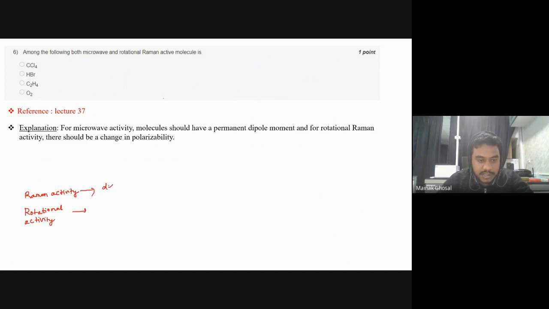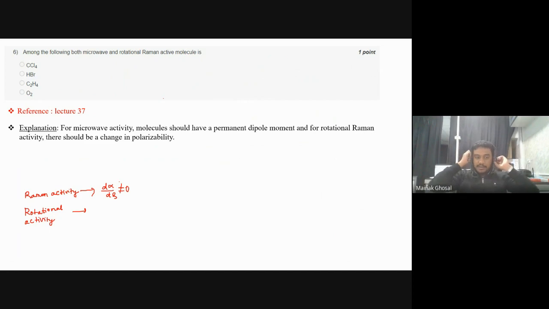This condition is dα/dq, that is, the change in polarizability should be non-zero with movement of the atom. Okay, so dα/dq should be non-zero for Raman activity.